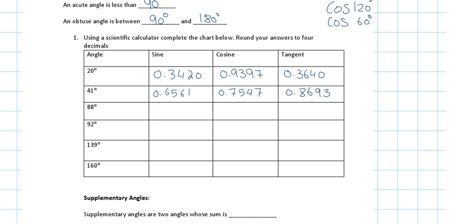If I look at sine 88, I'm going to get 0.9994. And then cosine 88 is 0.0349. Tan 88.